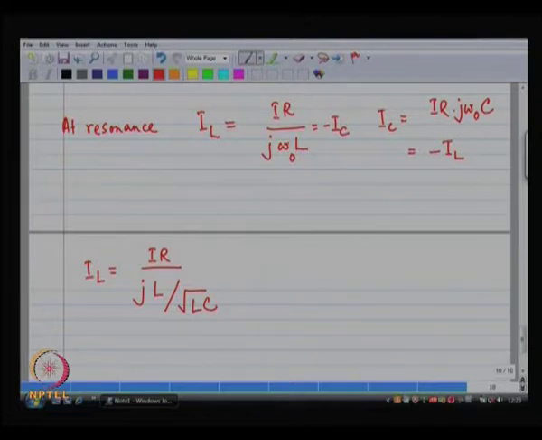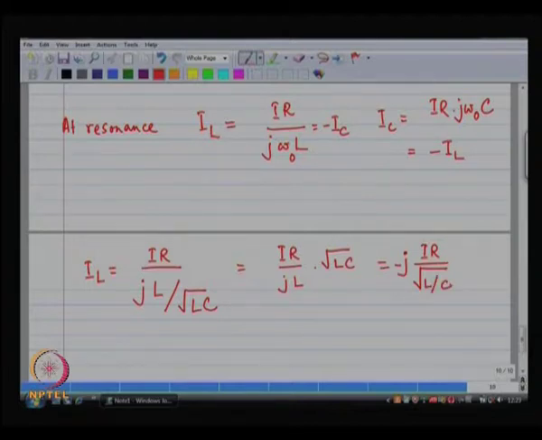Omega 0 is 1 by square root of L C. So, this is the current through the inductor, and the current through the capacitor is going to be the same with a plus sign, hopefully.